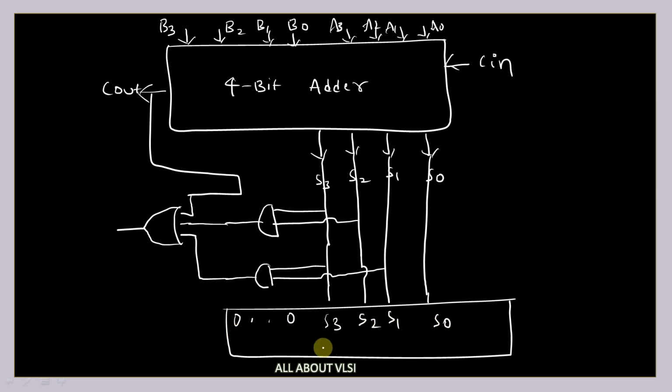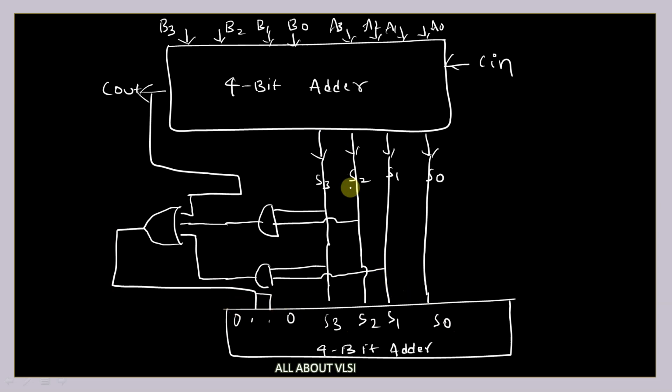This is also a 4-bit adder which needs two 4-bit inputs. The second 4-bit input we are providing with S3 S2 S1 S0, and for the first 4 bits, the MSB and LSB we are making 0, and the next 2 bits we are connecting to this output. That is what is happening.